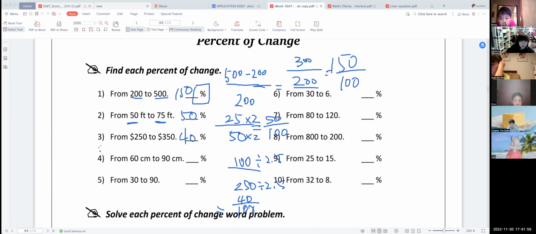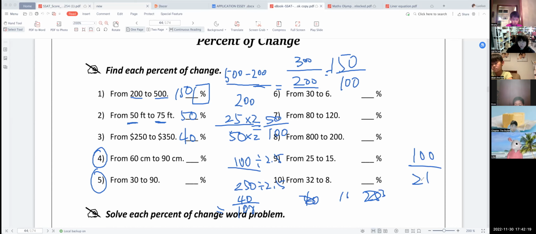Okay, everybody, so we have 4 and 5. Before I do this, 100 over 250.